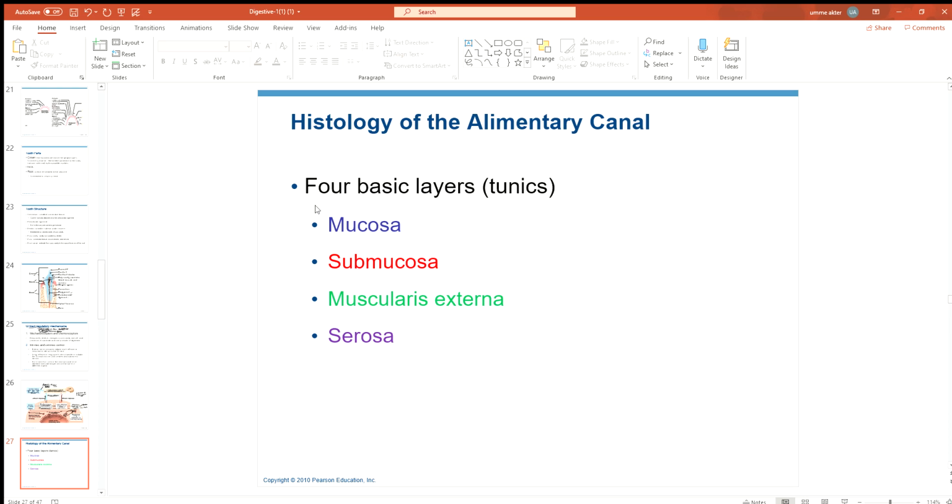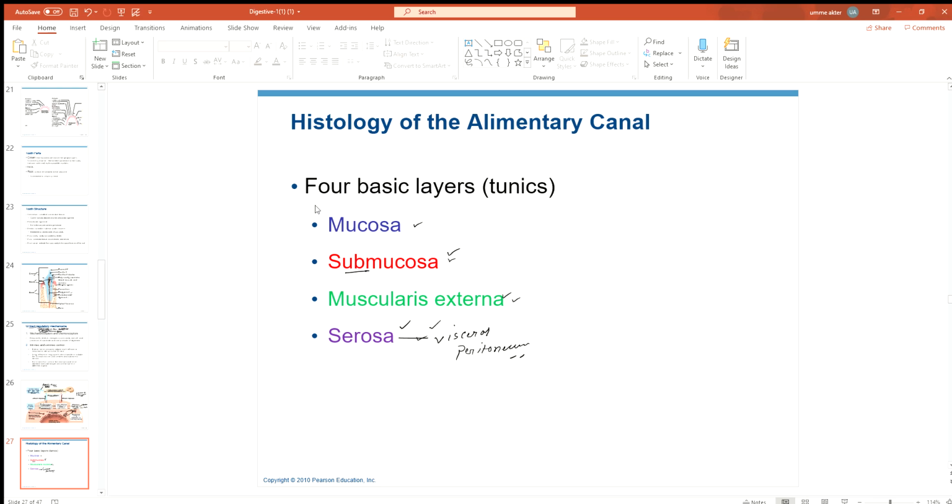In the wall of the GI tract, you have 4 layers. Mucosa is the innermost, then under the mucosa, submucosa, then a thick layer of smooth muscle, the muscularis externa, and outermost, the peritoneal covering, visceral peritoneum, that is the serosa. Okay, so those are 4 layers.